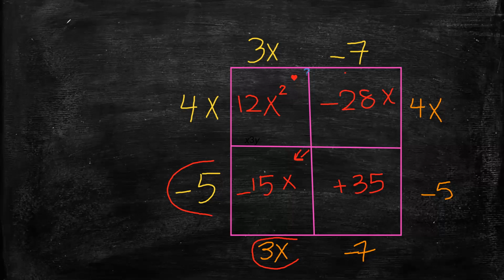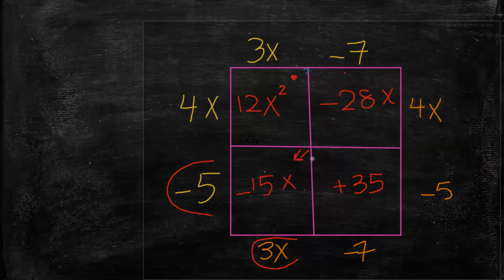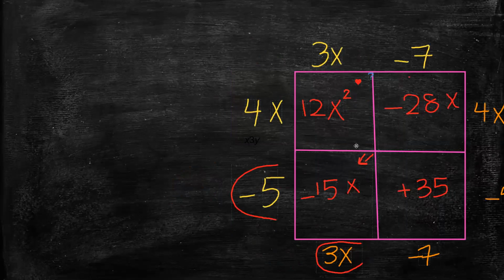As we see here, it was 4x minus 5. We put 4x in a row and negative 5 in the second row. Then after that, let's now gather these answers outside the table. So this is now the table here.